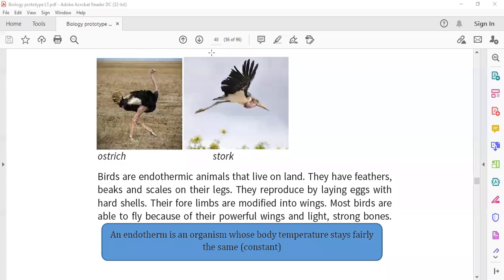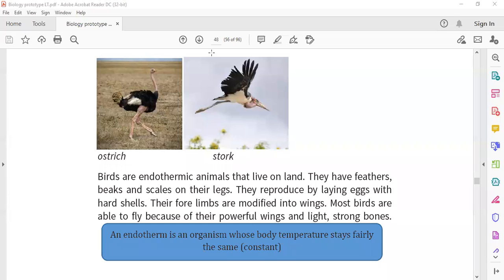And the limbs, these organisms have four limbs. They have what we call forelimbs and hind limbs. But the forelimbs are modified into wings, which are used for flight. I told you they can move on land by walking. They can also fly using their modified forelimbs.